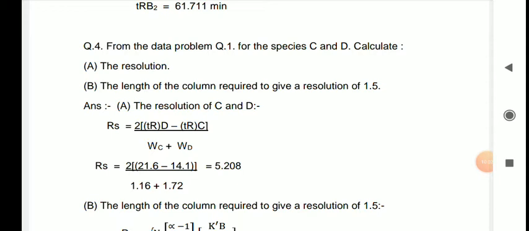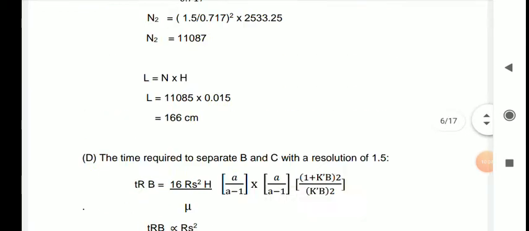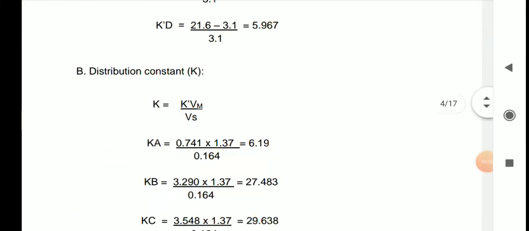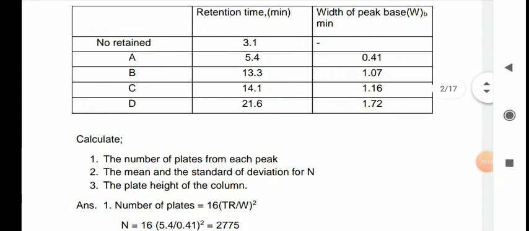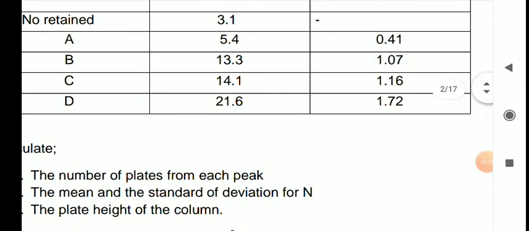If you see the values in the first problem, tRD is 21.6, tRC is 14.1, base widths are 1.72 and 1.16 for D and C. So 14.1, 21.6, 1.16 and 1.72.